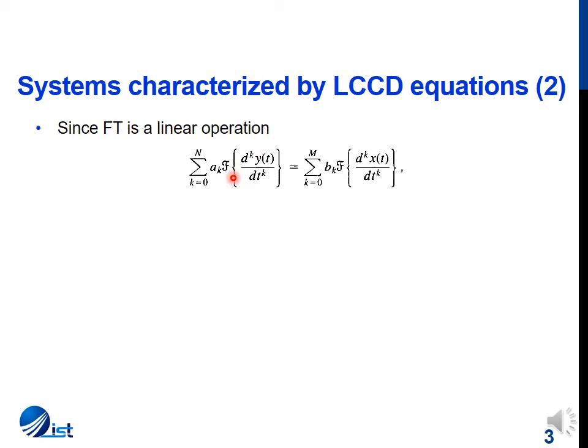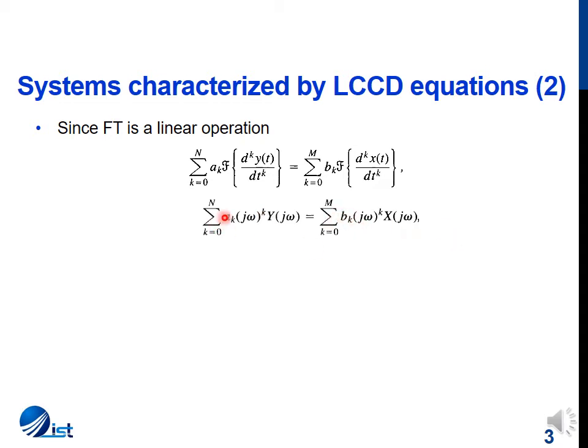Now applying the time differentiation property, the Fourier transform for this equation comes out to be the factor jω multiplied with Y(jω) and X(jω) for each derivative. So for the kth derivative, we will have (jω) raised to the power k on either side.